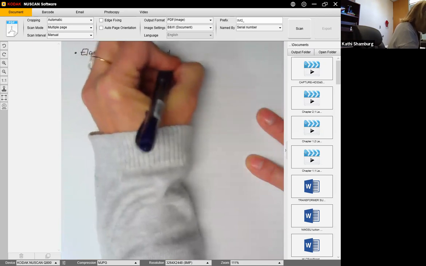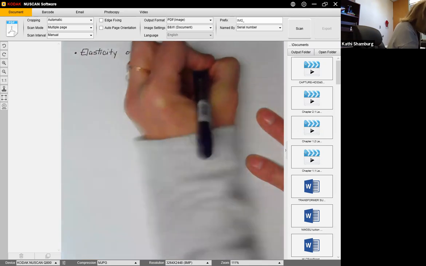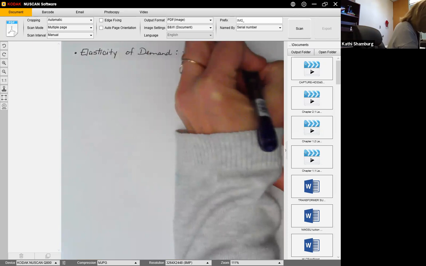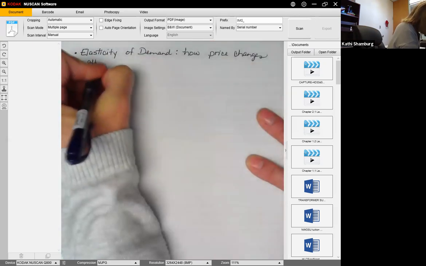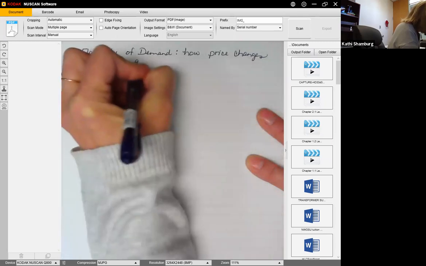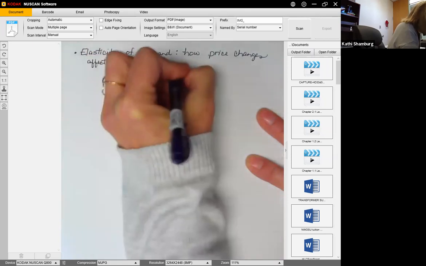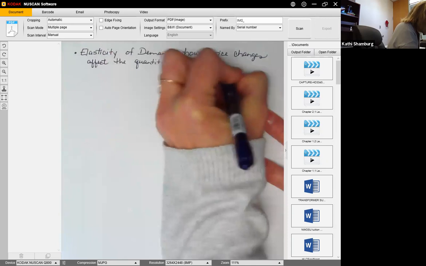Now, this topic deals with how price changes affect the quantity of items sold.